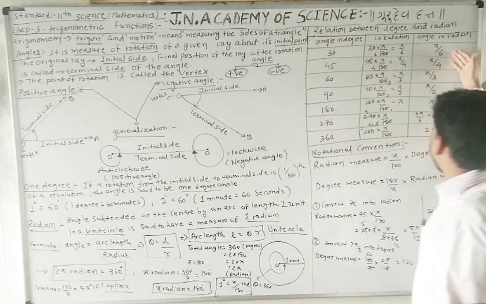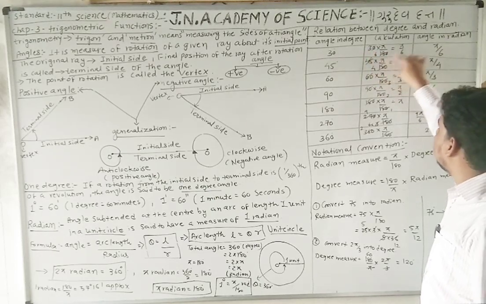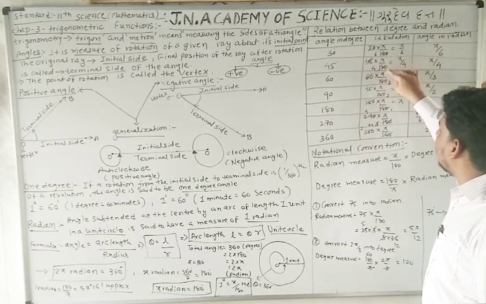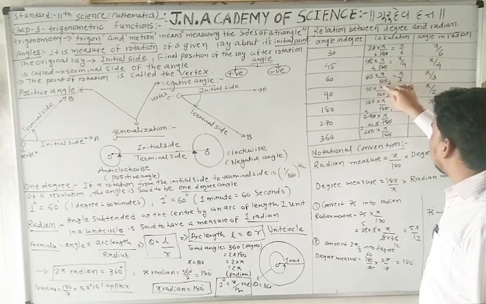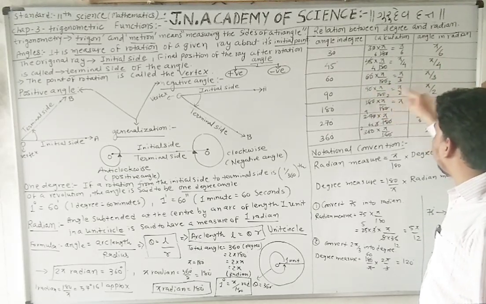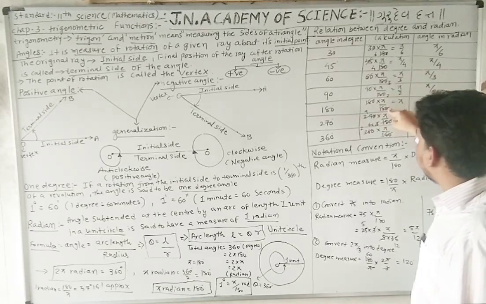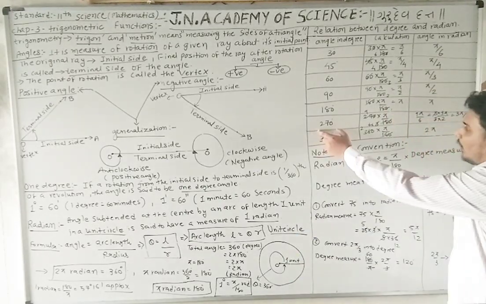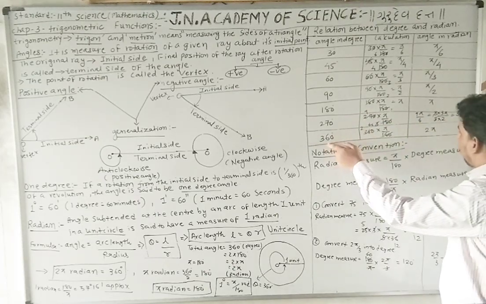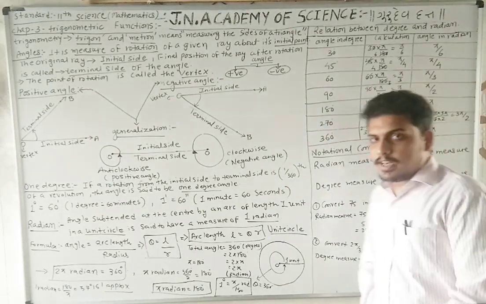So 30 gives pi by 6, 45 multiplied by pi by 180 gives pi by 4, 60 gives pi by 3, 90 multiplied by pi upon 180 gives pi by 2, and 180 multiplied by pi upon 180 gives pi. Similarly, for 270 you get 3 pi by 2, and for 360 you get 2 pi. This is how we can convert degrees into radians.